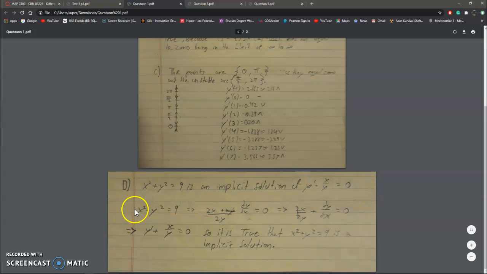Doing the math, if you break this down, you get 2x plus 2y times dy dx, which equals 0, then it becomes 2x divided by 2y. The 2's just go away, meaning it's just x over y, and then the dy over dx, which would just be y prime plus x over y equals 0, so it is an implicit solution.